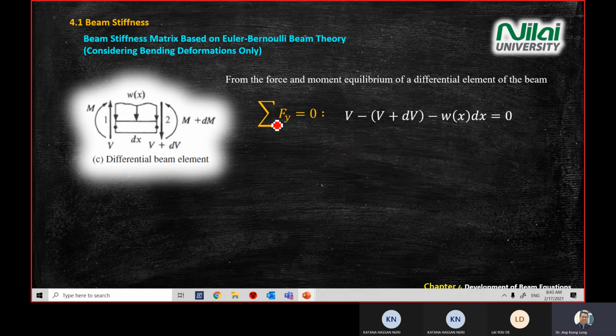All right. So if you write the equilibrium equation for all the force in the y direction, you take V plus this component. Right, on the left hand side it is positive. On the right hand side, because it's going down in the y-axis, again, throughout the global axis.